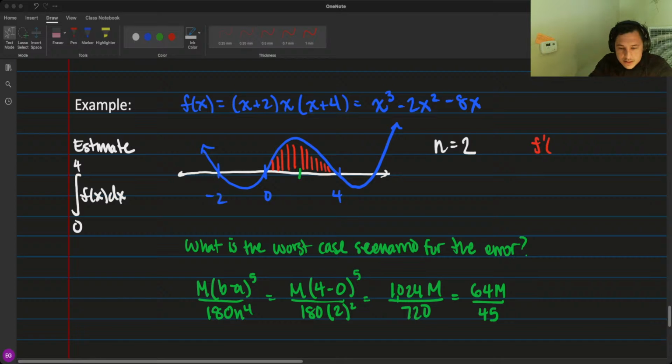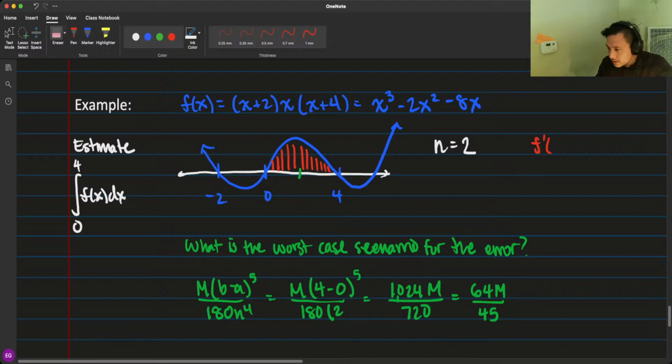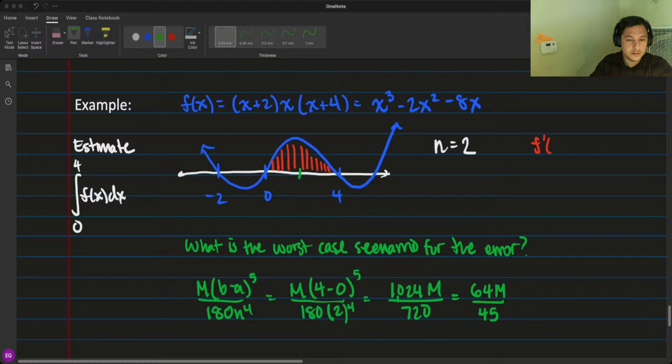Question, someone messaged me. Isn't the 2 to the 4 in the denominator part? Oh, yeah, I put 2 squared. This is supposed to be 2 to the 4th. Thank you for catching that. Okay, what's 2 to the 4th? 2, 4, 8, 16. Okay, so we need 16 times 180. So that's a different number.